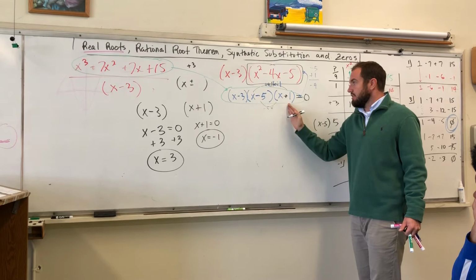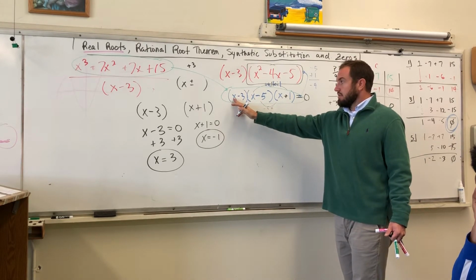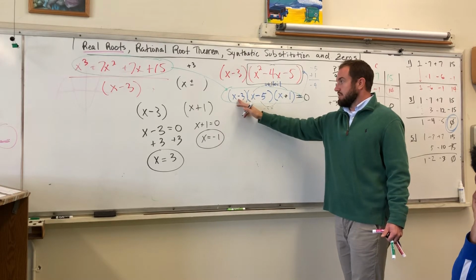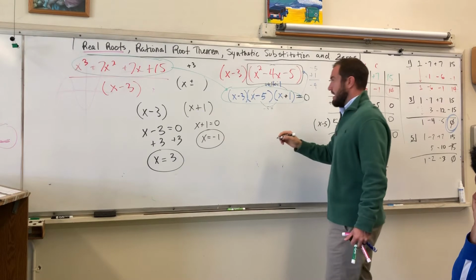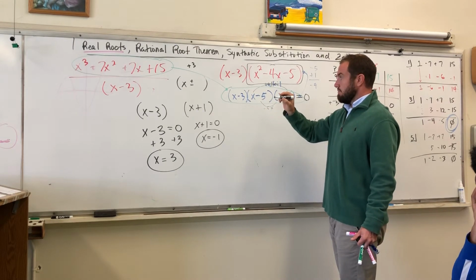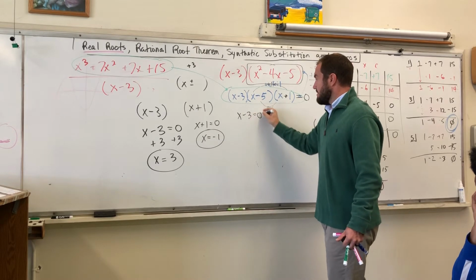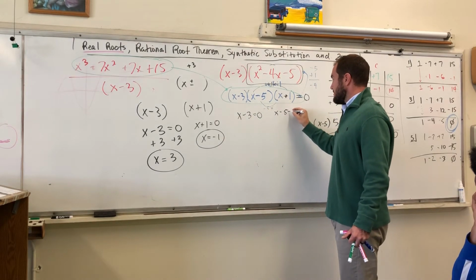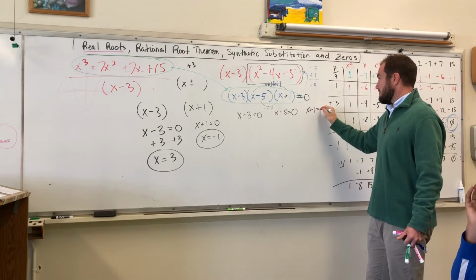I need to make these zeros. If I find a value for x that when I subtract it by 3 gives me 0, 0 times anything gives me 0, and that's going to give me the spot in the graph where the graph intersects the x-axis. So I have x minus 3 is equal to 0, x minus 5 is equal to 0, and x plus 1 is equal to 0.